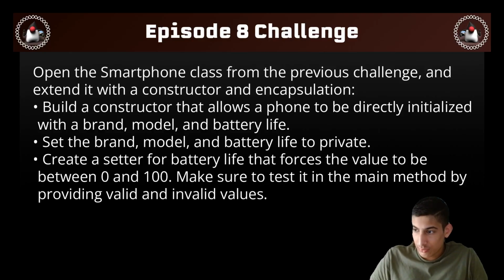You also want to set these fields to private when you create the brand, model, and battery life at the top of the class, and then create a setter for battery life that adds a constraint so that the battery life has to be between 0 and 100. And you also want to test it in the main method when you actually create the phone by providing some valid and invalid values to make sure it actually works properly.